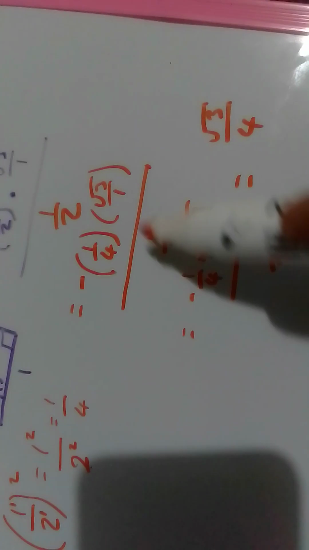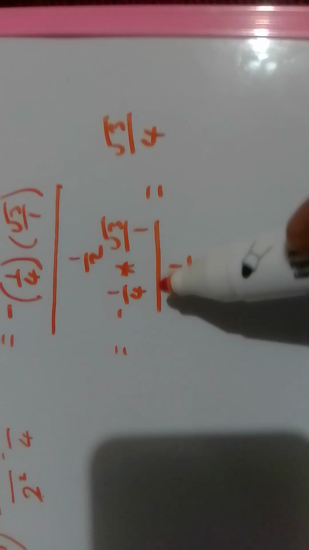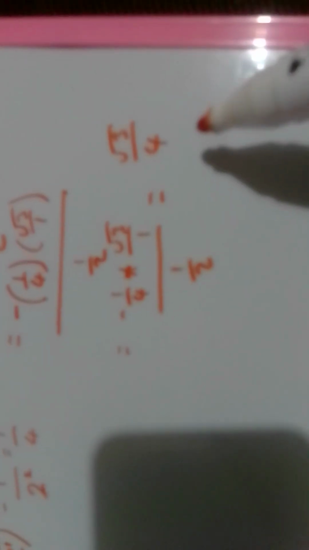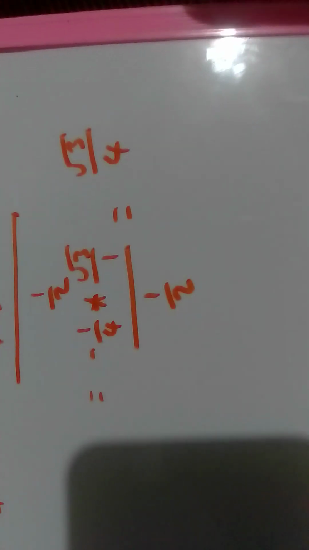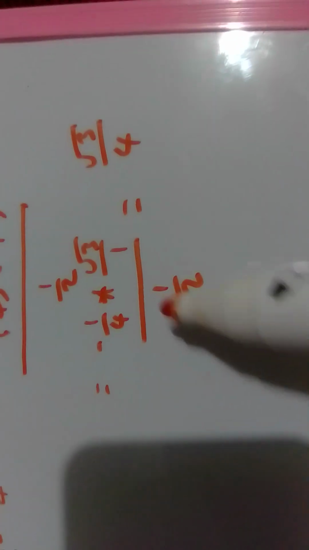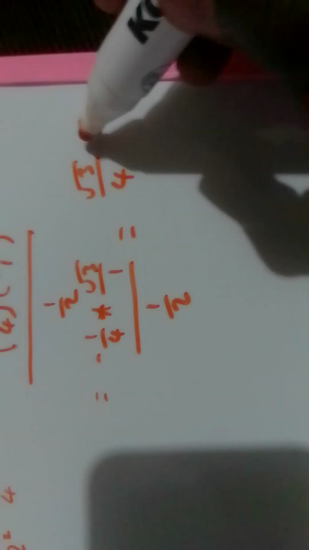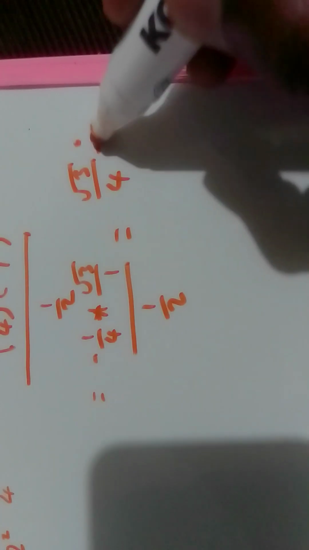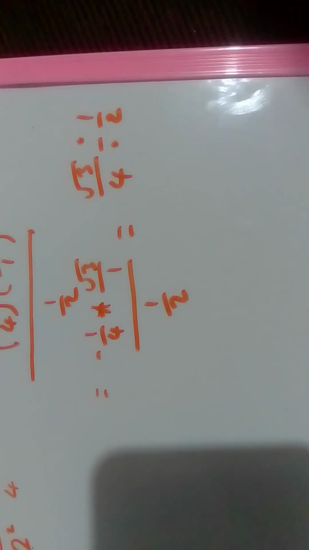But if I place this over 1 over 2, it's mathematically correct, but for most students, it confuses them. So what do I recommend? This is a division sign, so I recommend that you place a division sign here, and then you say 1 over 2.